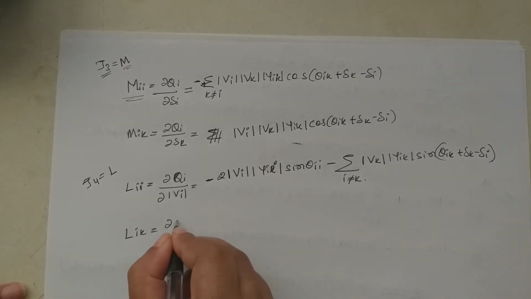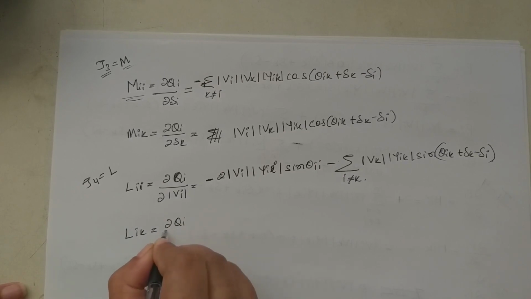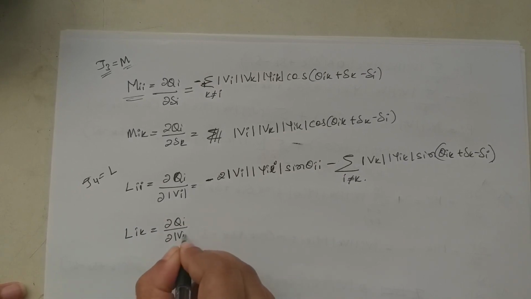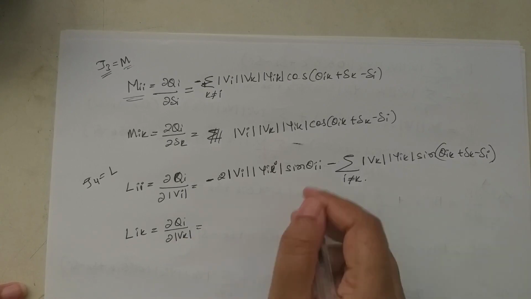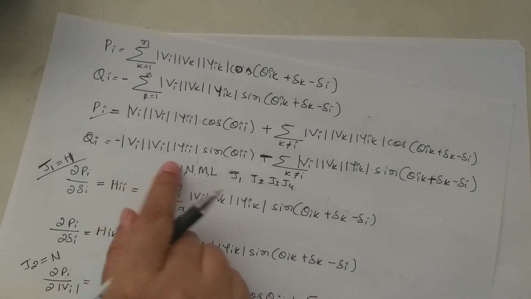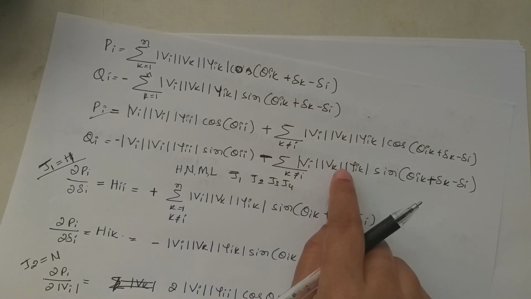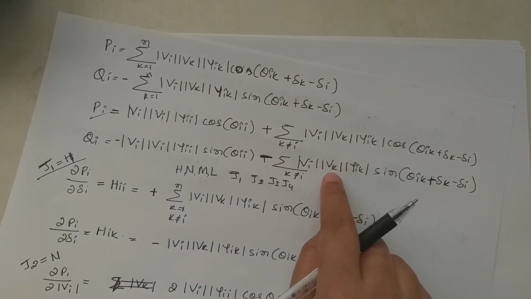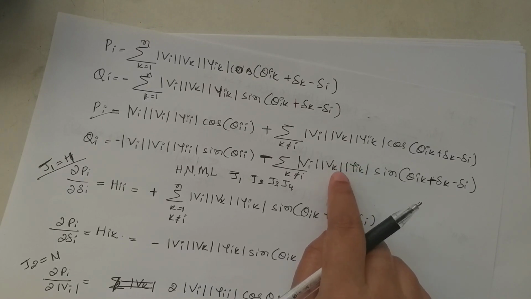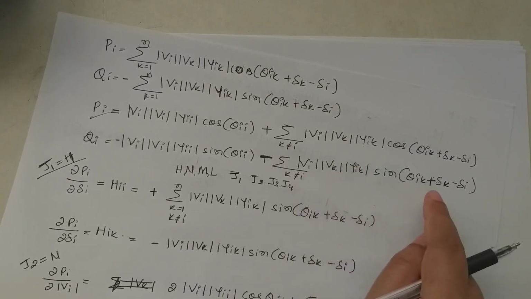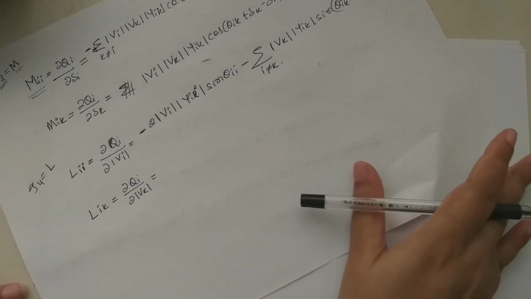Similarly, the off-diagonal element Lik can be calculated like this. It is the partial differentiation of Qi with respect to Vk. The first term has no Vk term, so its partial differentiation with respect to Vk is 0. The second term has Vk, and its partial differentiation with respect to Vk is 1 into Vi Yik sin(θik + δk − δi).